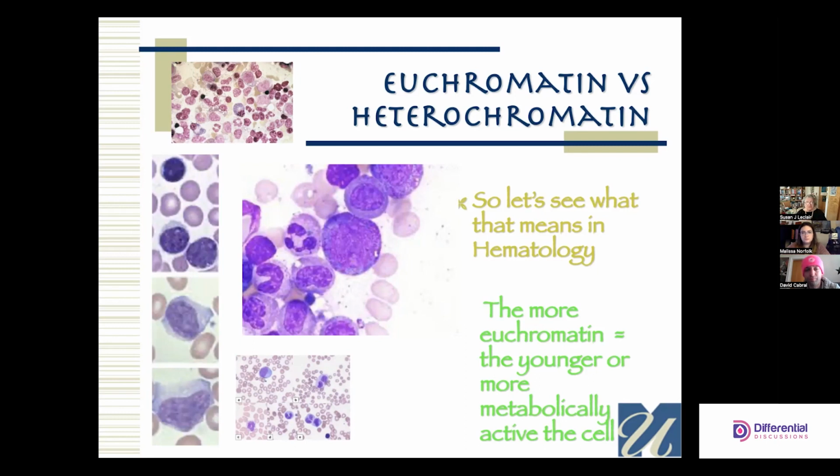So that means rough endoplasmic reticulum. It means the possibility of a Golgi apparatus. And you've got to do it fast because you're going to have to respond to this. This takes about 6 days.